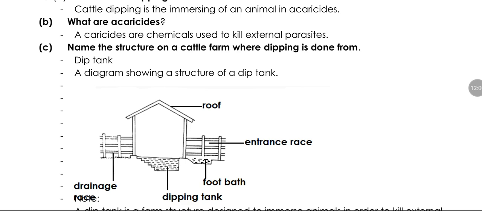When it enters the foot bath, it is like a small hole, where they put their chemicals to kill the parasites, all the pests on the feet. So any pests on the feet die. So after there, it passes into the dip tank, through the dipping tank and goes in. So the whole animal goes completely into the water.